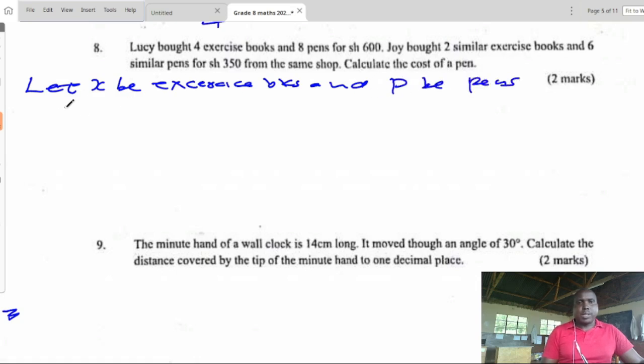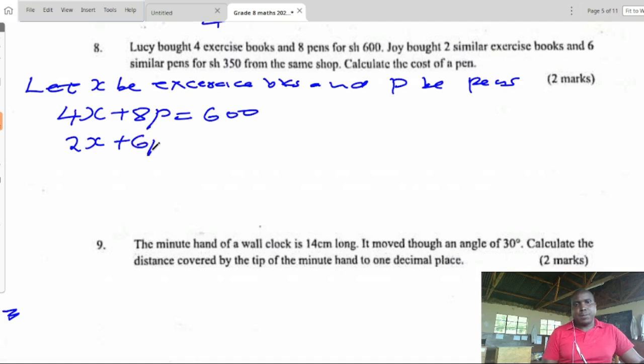So the first one, 4 times X plus 8 times P, the total was 600. Then the other one bought 2 similar exercise books, so 2X plus 6 pens, 6P, and she paid 350.